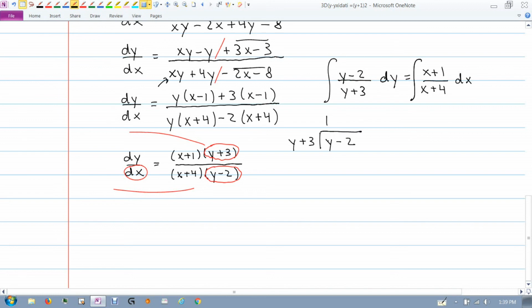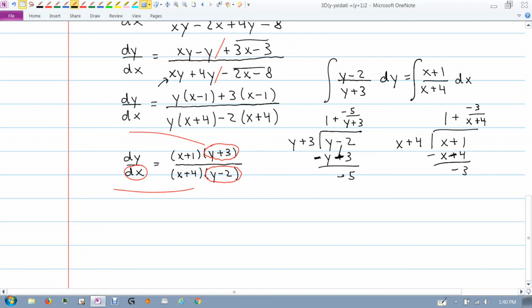I multiply by 1, that gives me a y plus 3 here. I change the signs, and that gives me a minus 5. So I get plus negative 5 over y plus 3. And then on this one, x plus 1 divided by x plus 4 is 1, then subtract, change the sign, and I get a negative 3, so plus negative 3 over x plus 4.